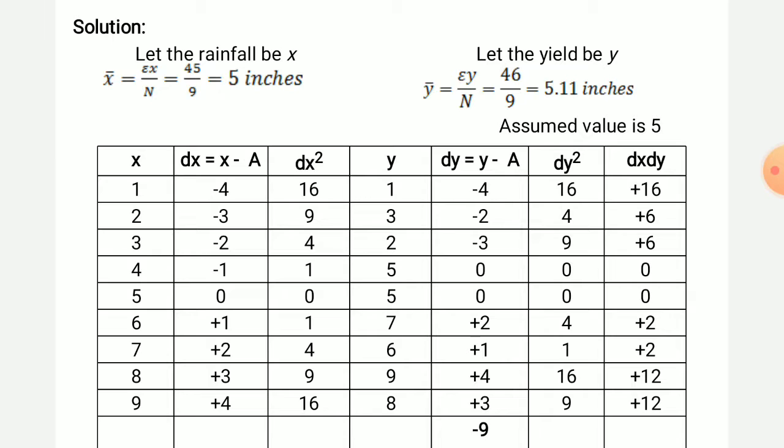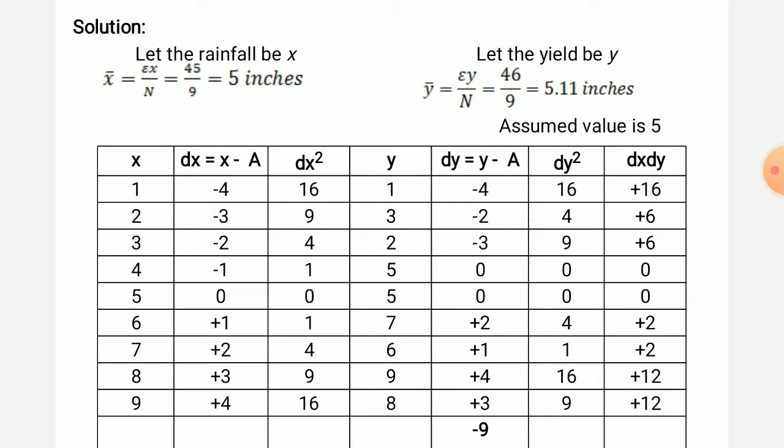Now similarly we have to find the difference of y series, and now take the given y series in the fourth column, and to that y series we have to make the difference of all the given values of y variable. Y minus a is equal to dy.